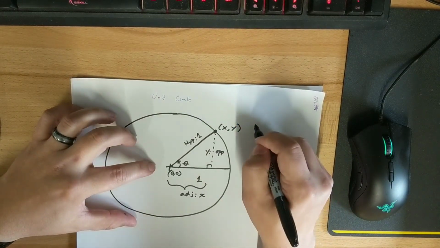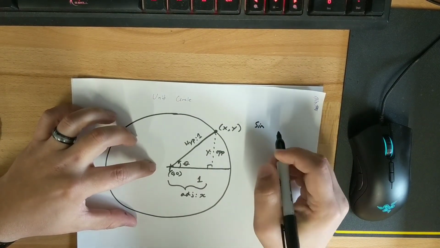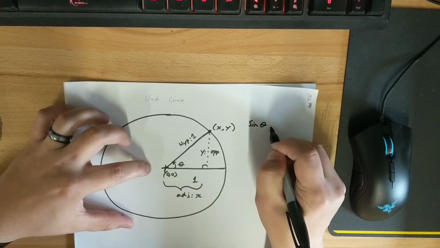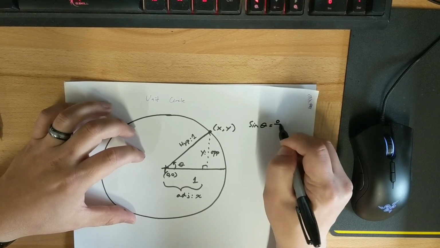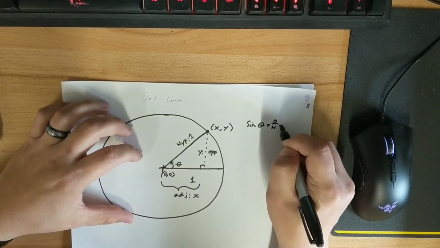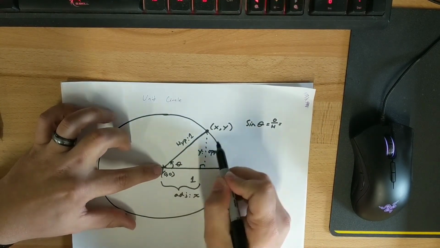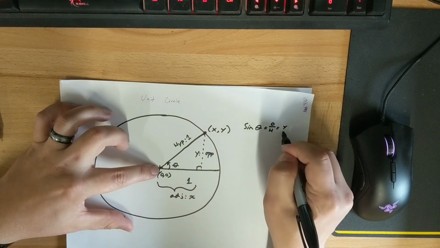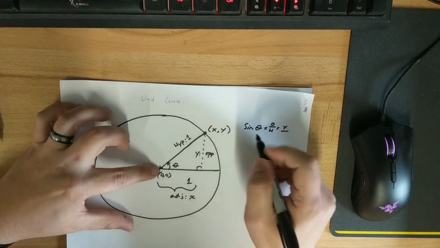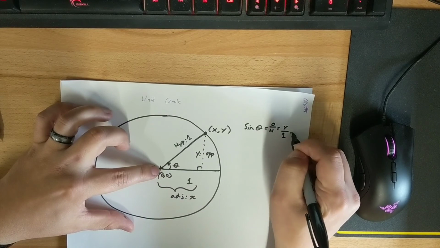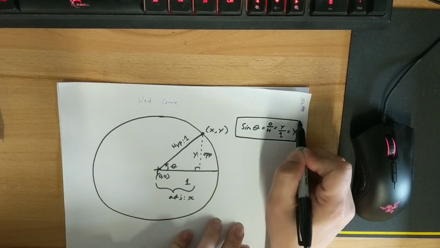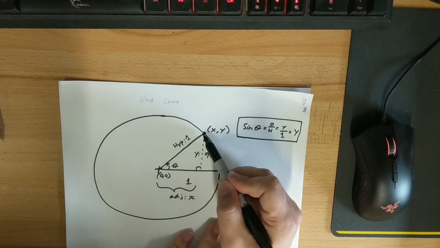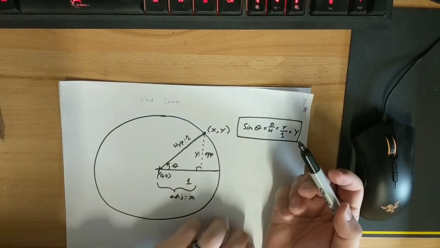So if I write this stuff, it turns out that the sine of that angle is opposite over hypotenuse, right? But the opposite is whatever the y value is, and the hypotenuse is just 1. So that means that the sine of that angle is equal to the actual y value of this point.